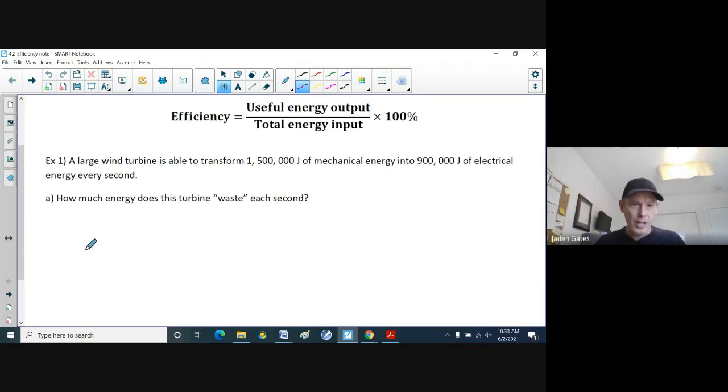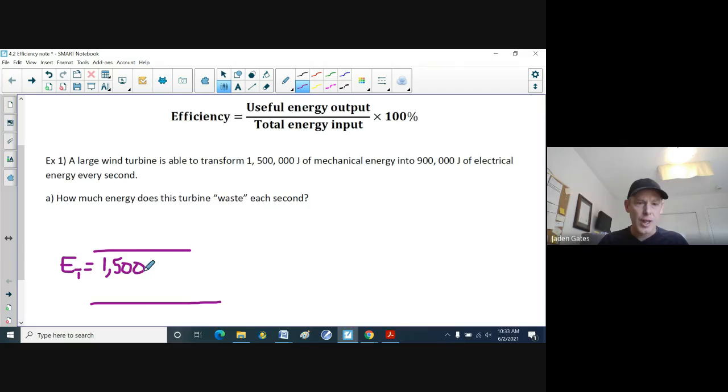All right, so here's a way I like to do a diagram. We have all this energy in. That's our total energy, ET, total energy comes in. We have 1,500,000 joules of energy. Now some of it gets directed outwards here.